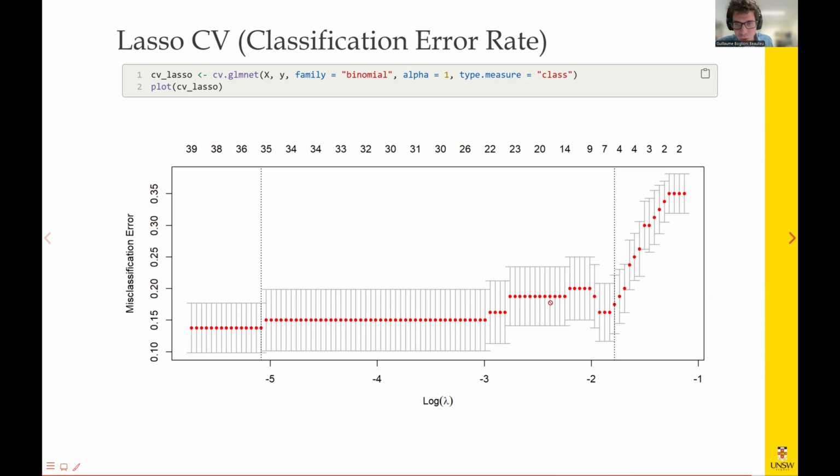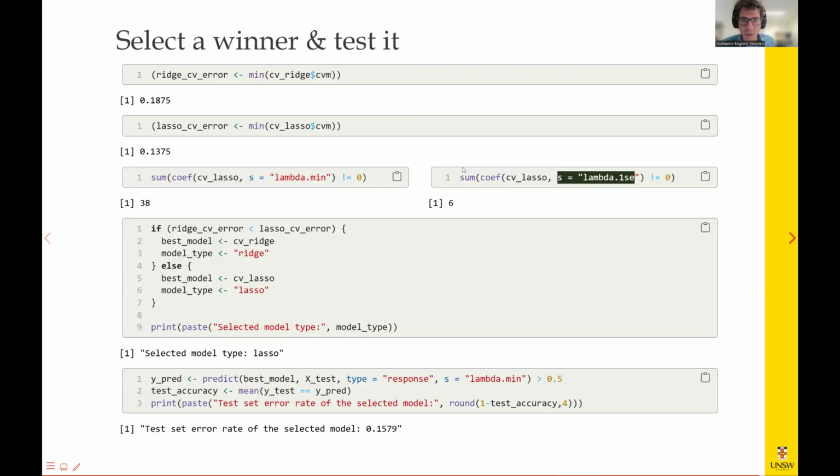You trade a little higher error, but the point is still within those confidence bounds for the one that is the smallest. You trade a higher misclassification error for way fewer predictors, which you might be happy about.